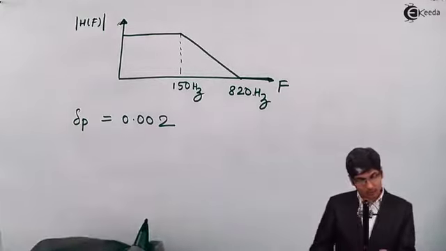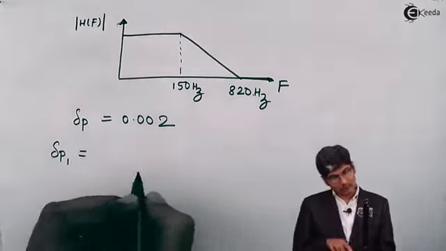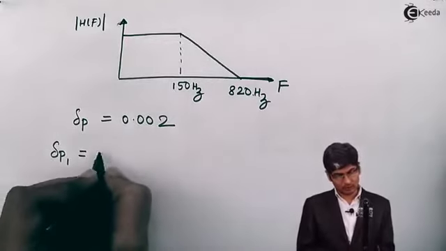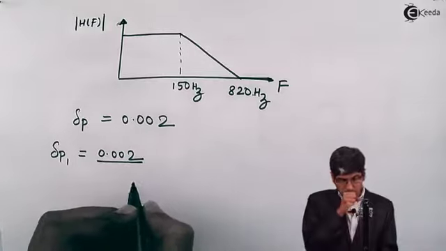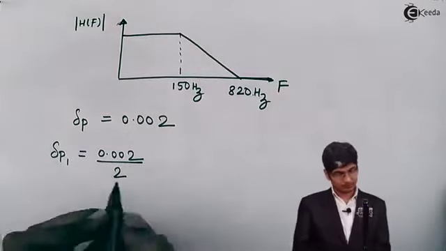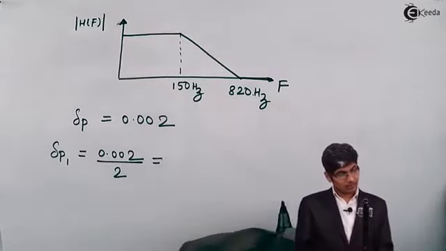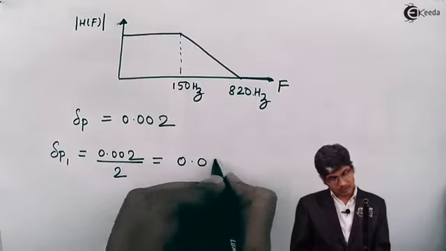So what I'll do is, at stage 1 I will divide this into two halves. So 0.002 divided by 2, which is nothing but equal to 0.001.